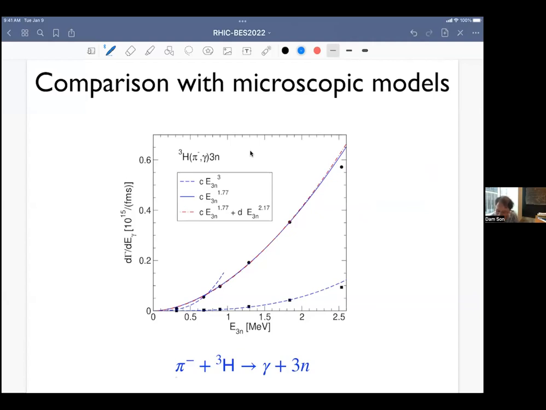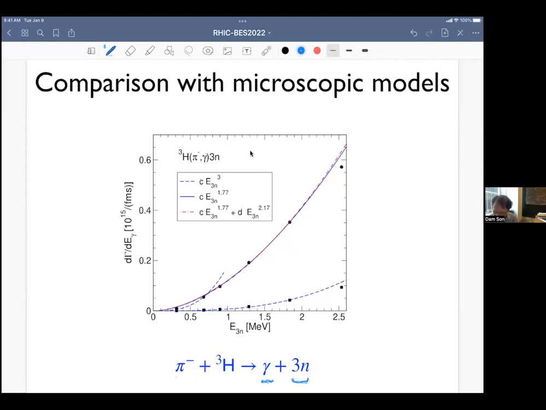When the pi minus is absorbed by the triton, some fraction of this reaction goes into emission of a photon and 3 neutrons. So by measuring the energy of the gamma, we can determine the energy of the 3 neutrons in their center of mass frame.